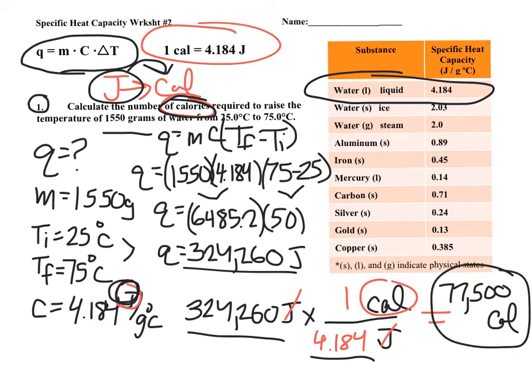And that becomes my answer. By doing so, I plugged into my equation, got my answer, paid attention to my units, which were in joules, and then I converted those joules to calories using the conversion factor: for every 1 calorie, it's 4.184 joules. Hopefully this helped you with another specific heat type question, and let's move on to number 2.